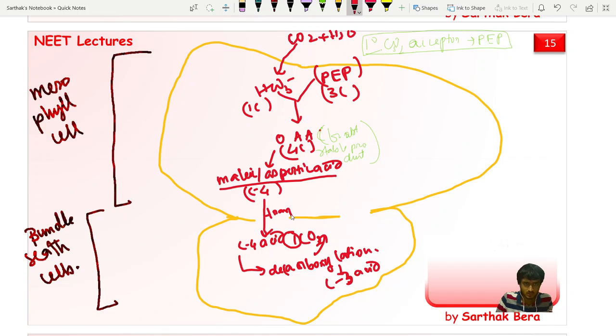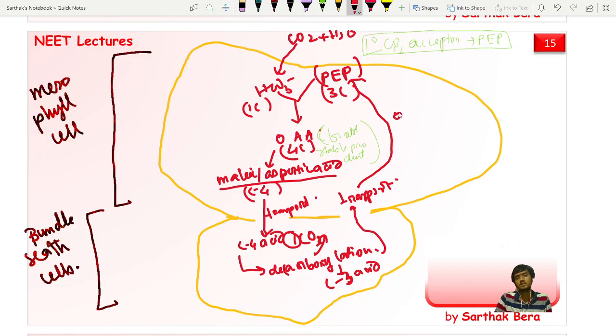and this C3 acid is again transported into mesophyll cells, and after transporting it, the regeneration of the phosphoenol pyruvate occurs.